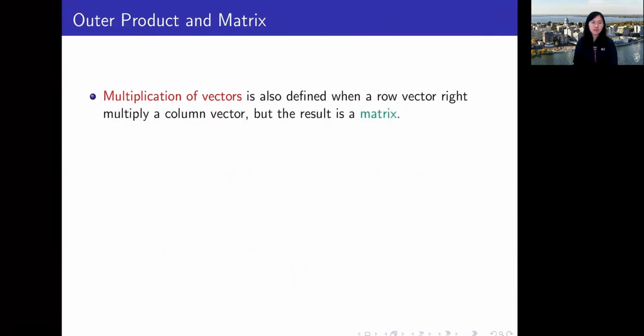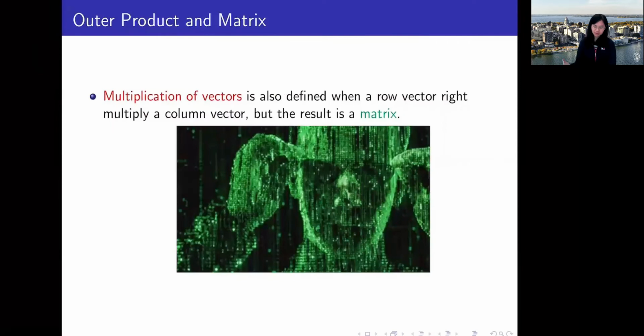And you can also multiply two vectors in a different way. You can also put the row vector on the right when you multiply it to a column vector. When a row vector right multiplies a column vector, the result can be well defined, and the result is a matrix. So what is a matrix?